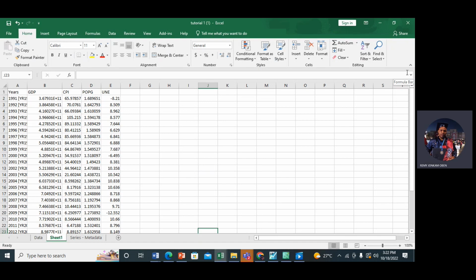So I'm not going to provide you data. I'm just going to provide you the names of the variables so that you yourself will go to the data bank, World Bank, and download the data yourself in Excel. The data will come in a horizontal format. You have to transpose it into a vertical format, and then you have to import it to EViews, and then you do what I want you to do.